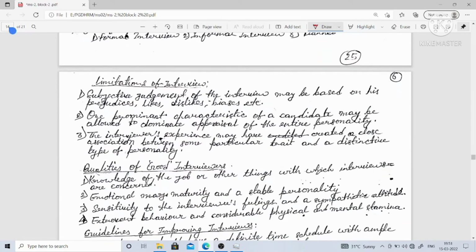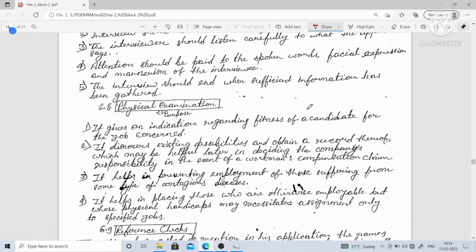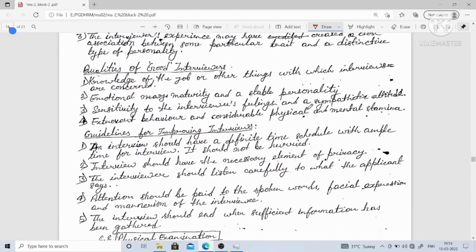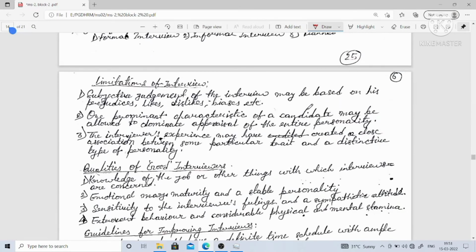Limitations of interview. Some limitations are given. Subjective judgment of the interviewer may be based on his prejudices, likes, dislikes, biases, etc. This means the interviewer may judge the interviewee on the basis of his or her personal likes, dislikes, and other kinds of biases.